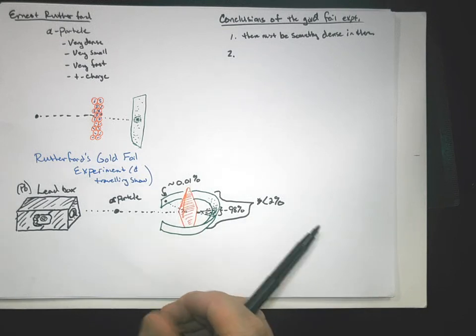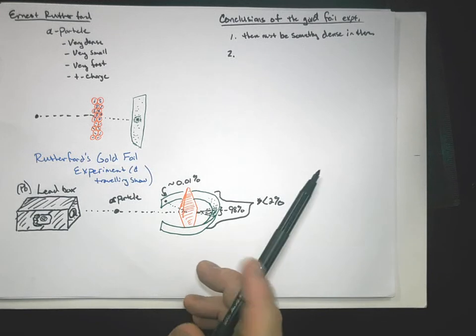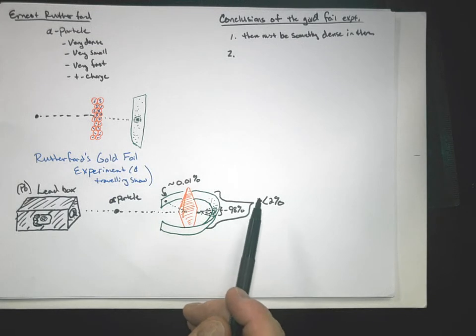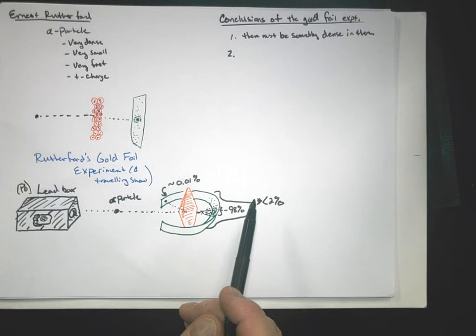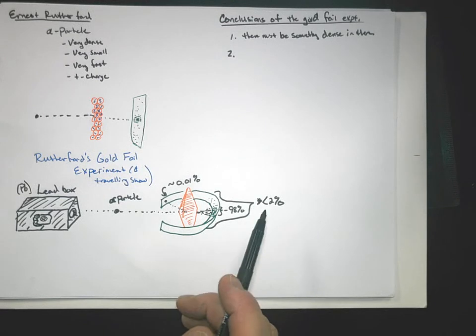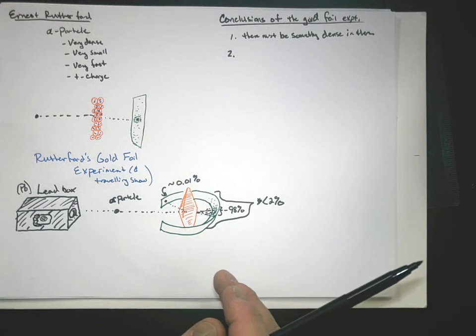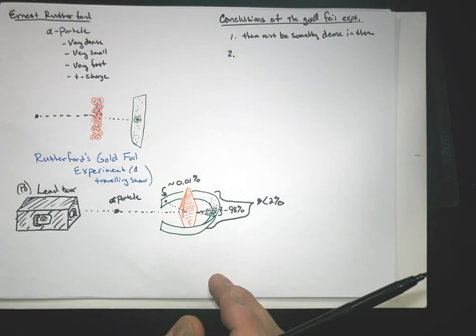That if 1/100th of a percent of all of the alpha particles are bouncing back, give me more. I'll tell you that it's about the same density. He was able to determine it was about the same density as the alpha particle itself.